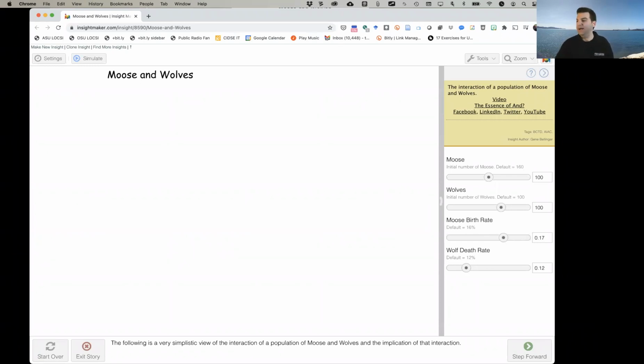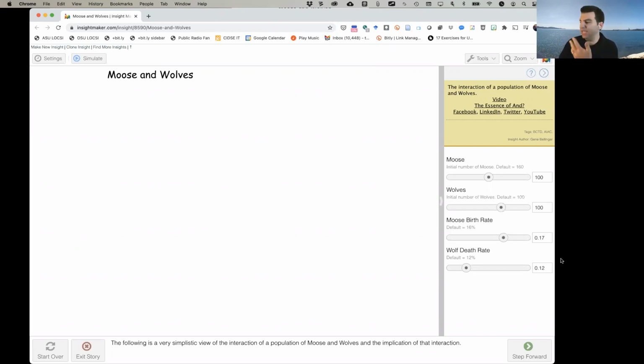All right, so this tool we're looking at is a tool we're going to learn how to use. It's called Insight Maker. It allows you to draw models that behind the scenes are calculus, but in the foreground don't look at all like calculus.